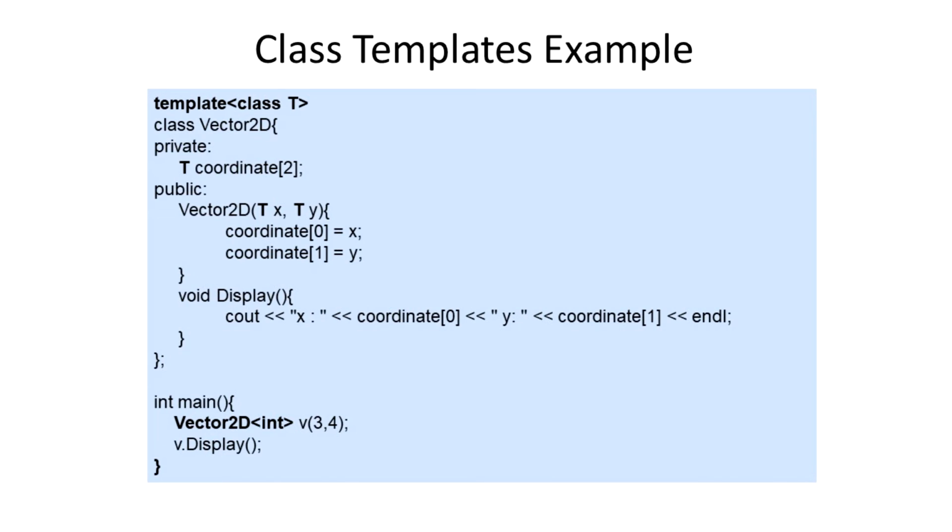And then when we come down to main and create an object of this class, notice there in the first line of main, we're creating a static object, v, and the class name also has the template angled brackets there, where we specify the data type that we want to then substitute within the class itself, which in this case is int. So that operates on the same principle as the function examples that we've seen so far. We just allow class scope this time. So all of the member functions and indeed data members can make use of this generic type.